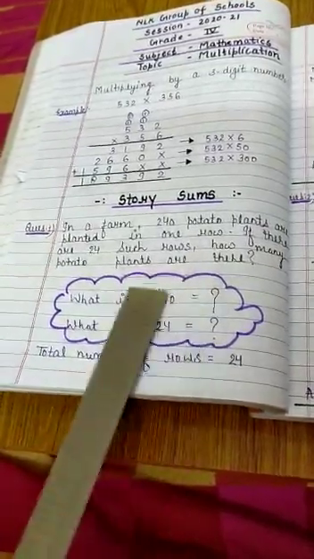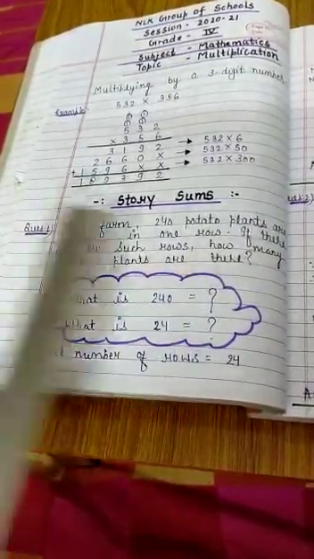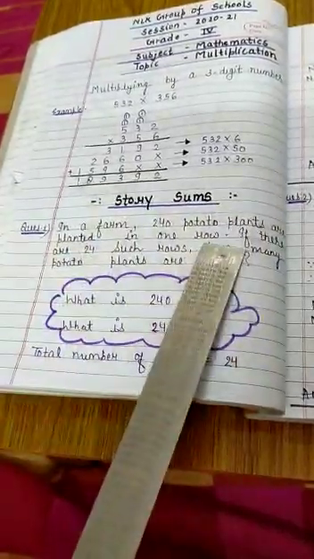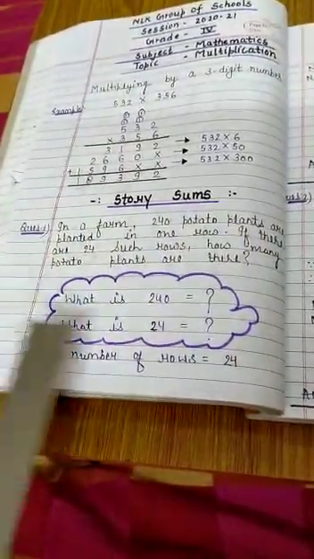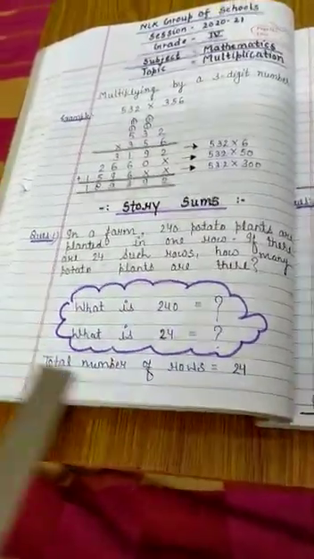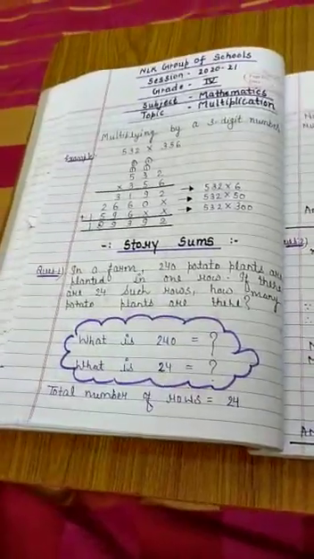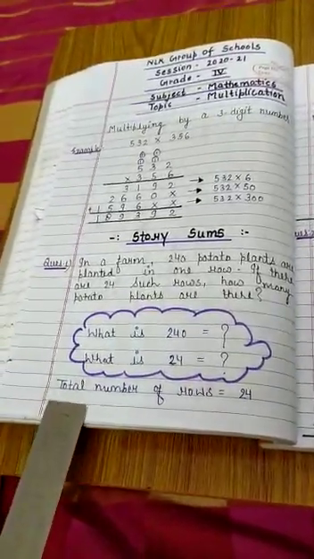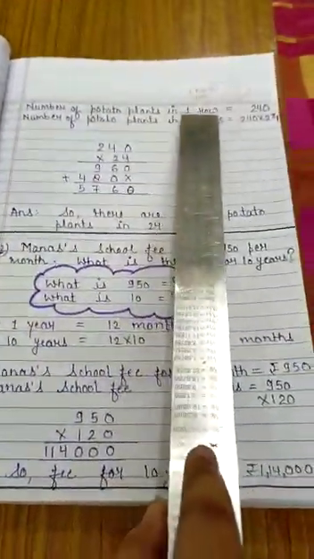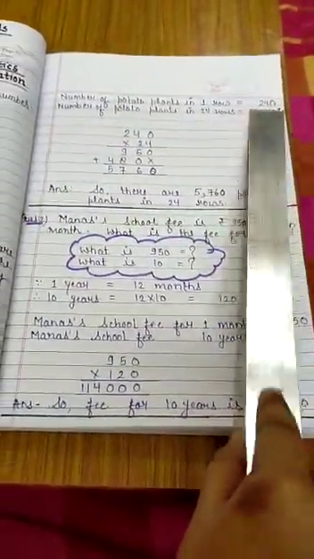What is 240? 240 are potato plants planted in one row. And what is 24? 24 is the total number of rows. So we can write as a statement, total number of rows is equal to 24, and number of potato plants in one row is equal to 240.